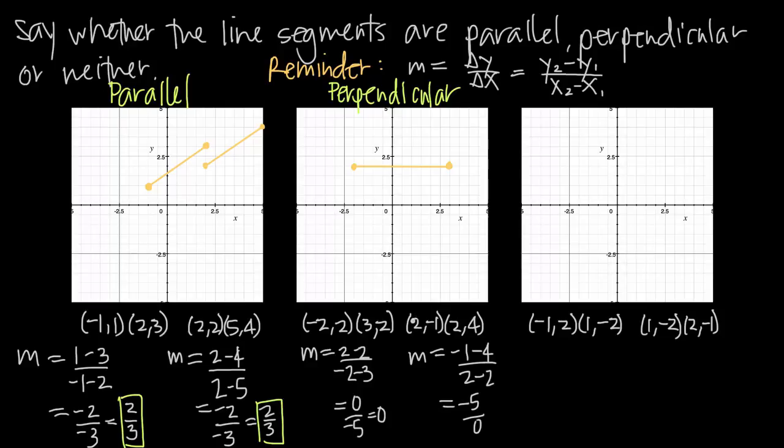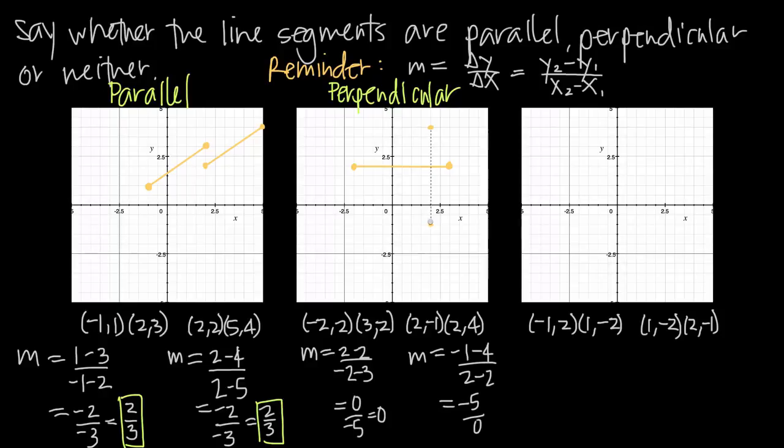Now if we take the other two endpoints, (2, -1), we come out to 2 and down to -1 right here. And then (2, 4), so we come out to 2 and go up to 4, which is going to be right here, and we connect those with the line segment.